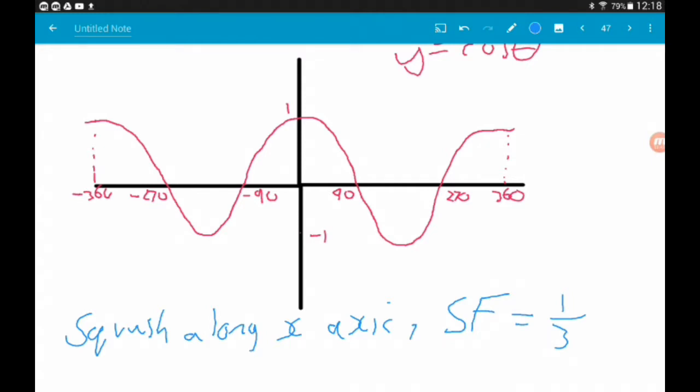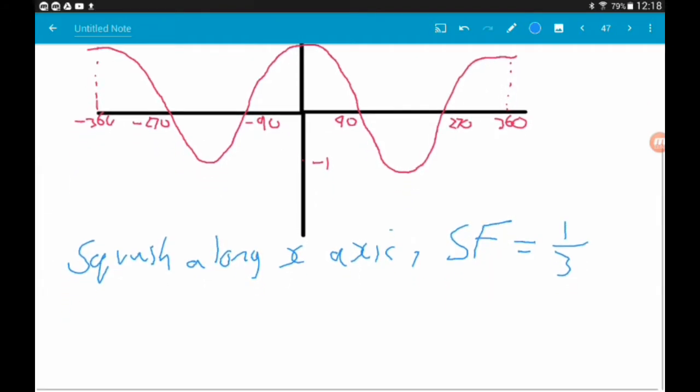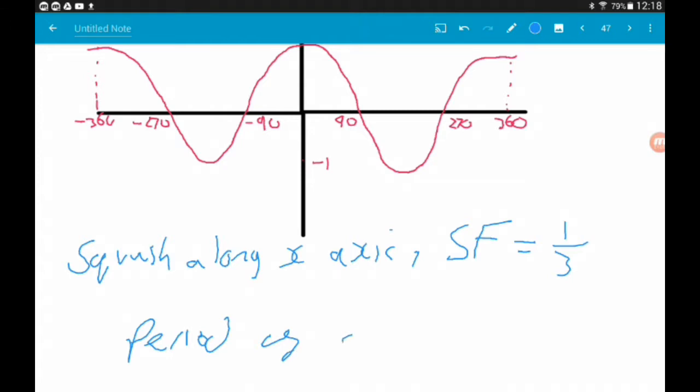Now, this might be a good time to start talking about the period of a graph in a bit more detail. So, when we were back on the cos graph, I said the period of cos of theta is 360 degrees.